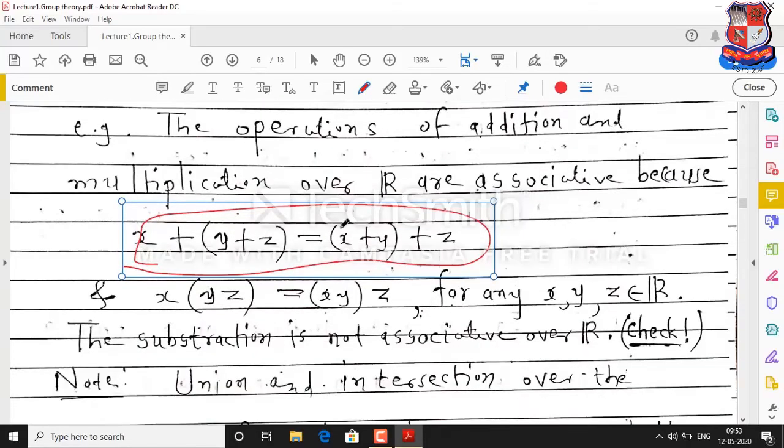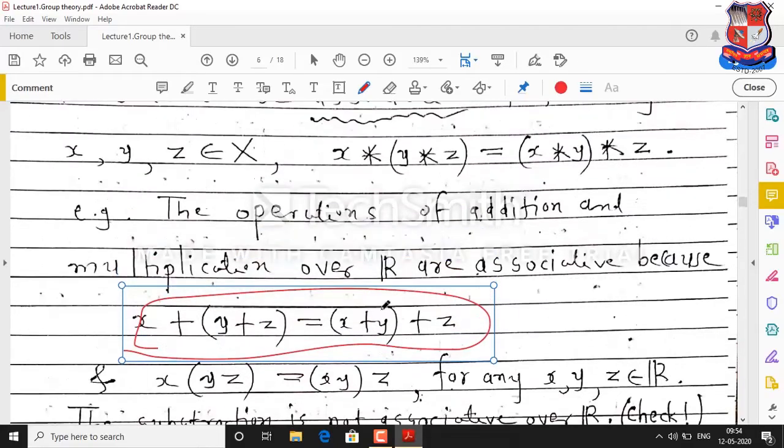Here we are changing the order of grouping. First I am taking the group of y and z, and then I change it and group x with y, so x plus (y plus z) equals (x plus y) plus z. Similarly, x into (yz) equals (xy) into z. So if this is true, then we say that the operation is associative.